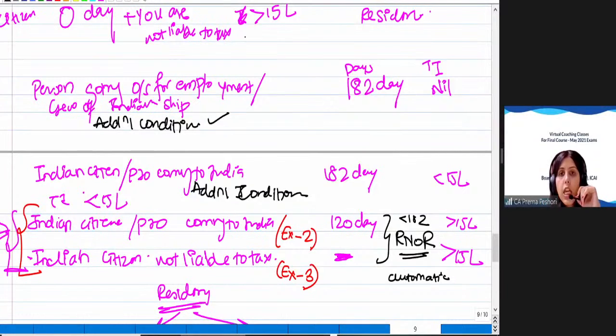Tekum, you're asking if a person goes outside India for employment and the total income other than foreign sources is more than 15 lakhs. So, if it's more than 15 lakhs, then you fall under exception 2. You have the 120 days criteria in that very case.